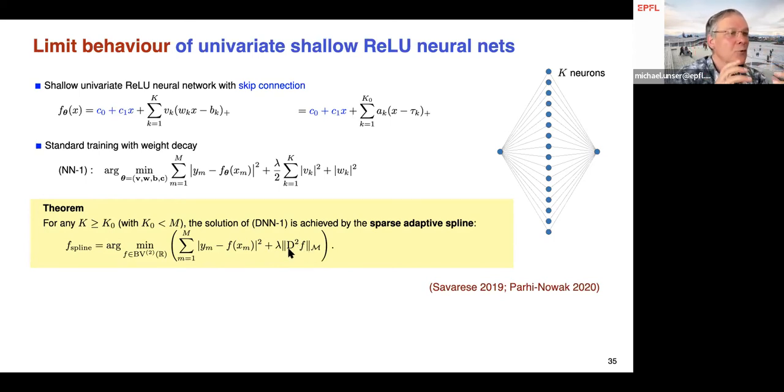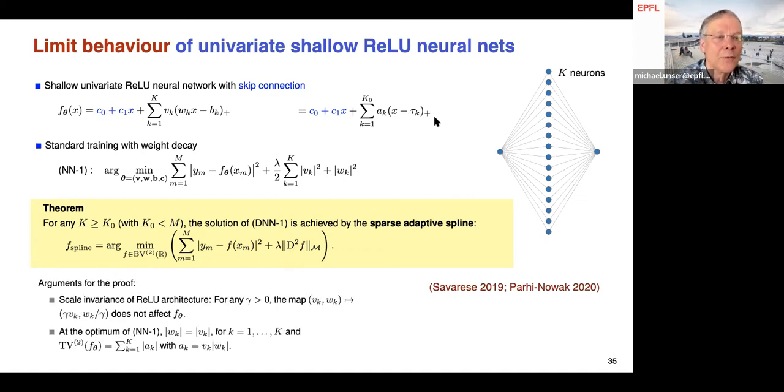What's amazing is that if you use a minimization problem in Banach space, and I never talked about neural networks, the solution of that problem is a neural network, the extreme point of the problem. And that was observed by Savarese and Parhi.